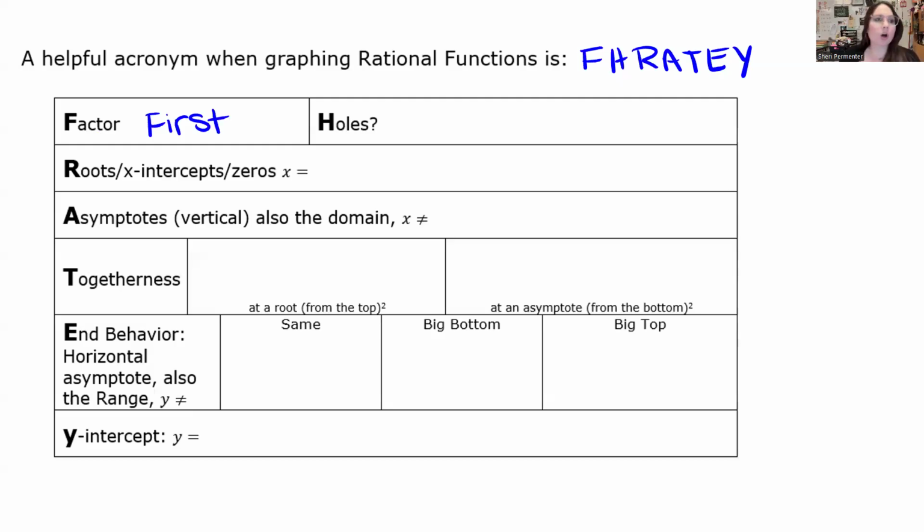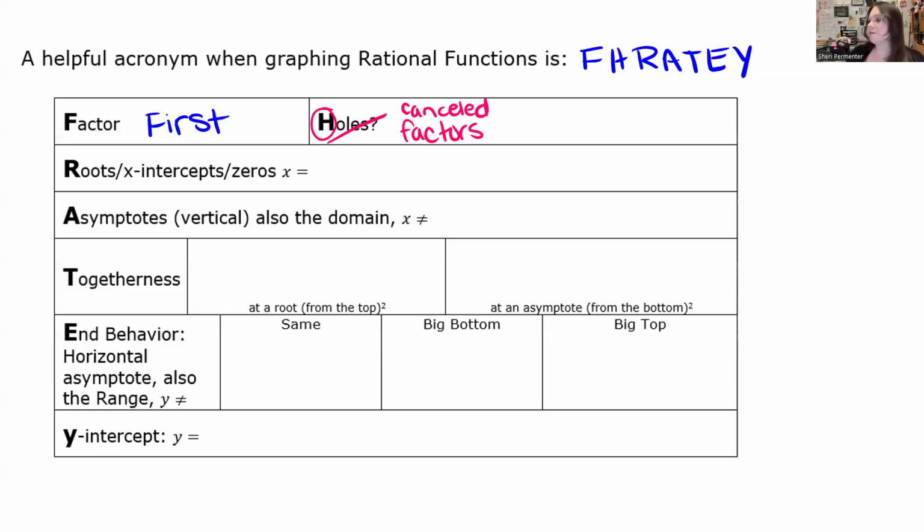Next, holes. Holes come from terms that get canceled. Something cancels out, and on the graph it shows up as a hole. So it's whenever we mark out a factor. So it's canceled factors. That's where we find them from.